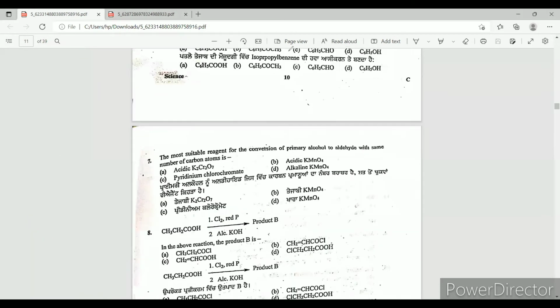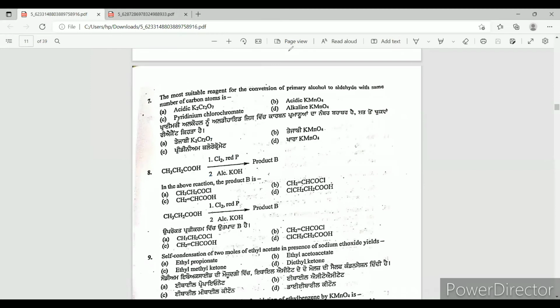The next one, the seventh question, says, the most suitable reagent for the conversion of primary alcohol to aldehyde with the same number of carbon atoms is what? Let us consider any primary alcohol. So it could be CH3, CH2, OH. Why is it primary? Primary means 1 degree.